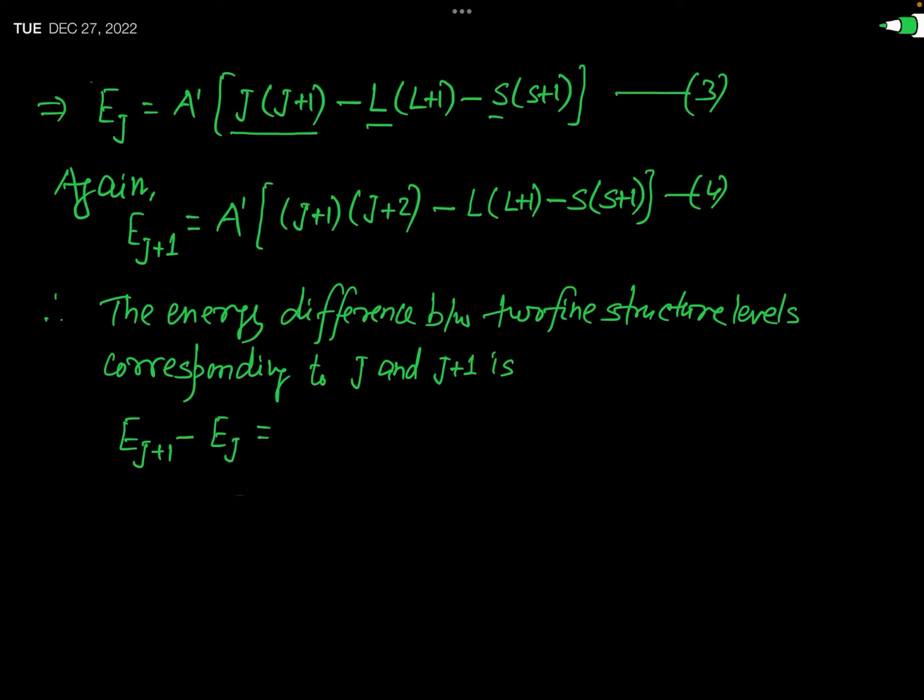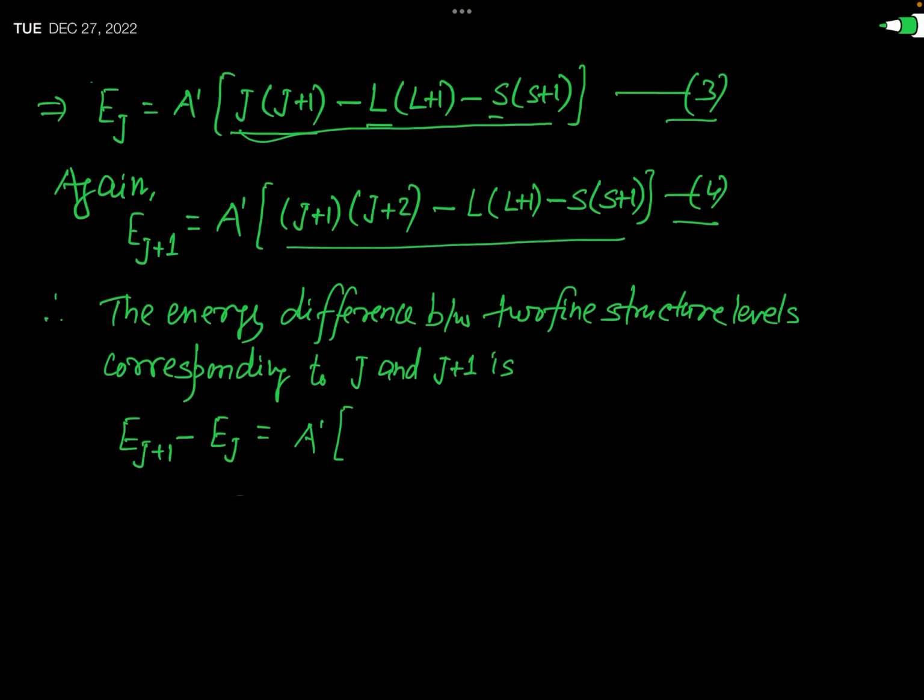And what will be this? EJ plus 1 is defined in this equation 4, you can see, and EJ is defined in equation 3. Since A prime constant is a common factor, this will be taken as a common factor. And we have to subtract J into J plus 1 minus L into L plus 1 minus S into S plus 1 from this.